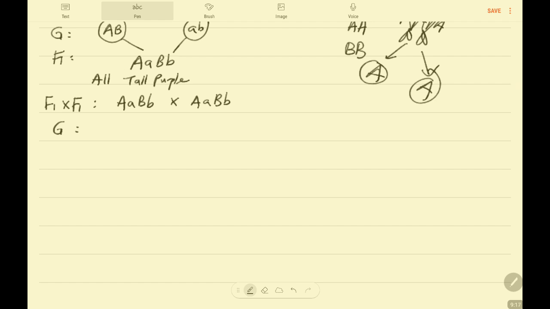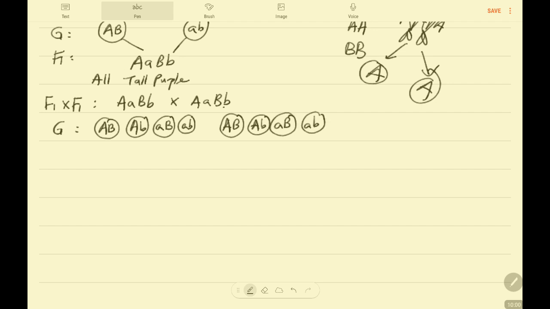For these gametes, it is very good to apply the law of independent assortment, where we have already seen in the meiosis diagram, they come out with 4 different possibilities of gametes: big A, big B, or big A, small b, or small a, big B, or small a, small b. For this case, also the same thing, big A, big B, or big A, small b, or small a, big B, or small a, small b.